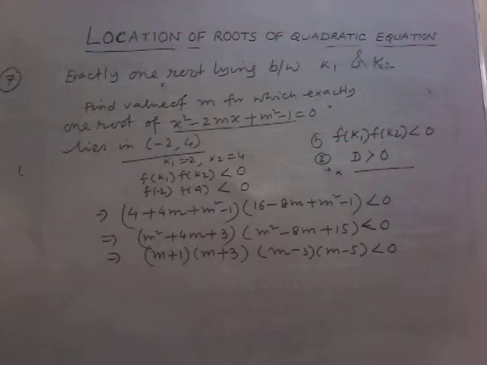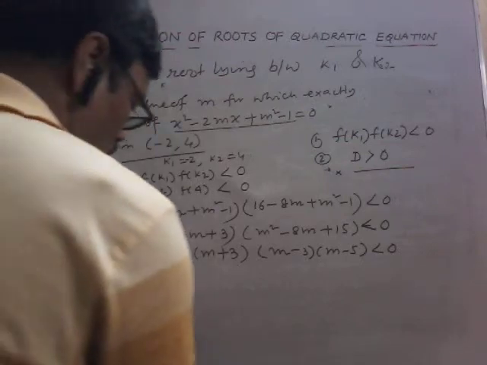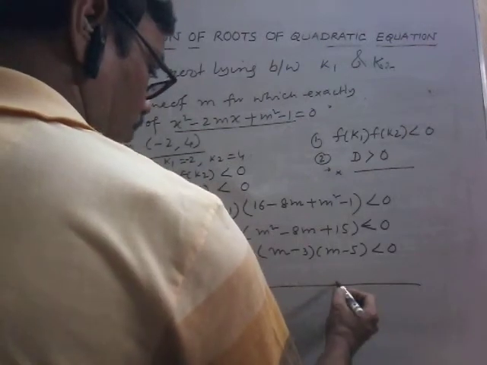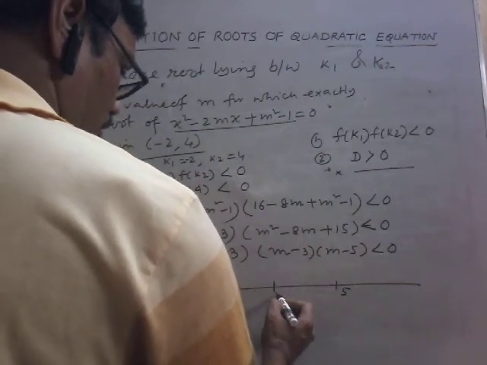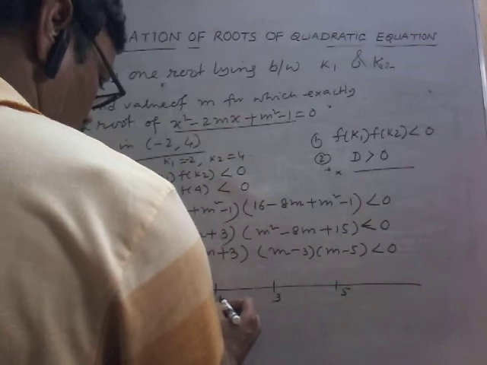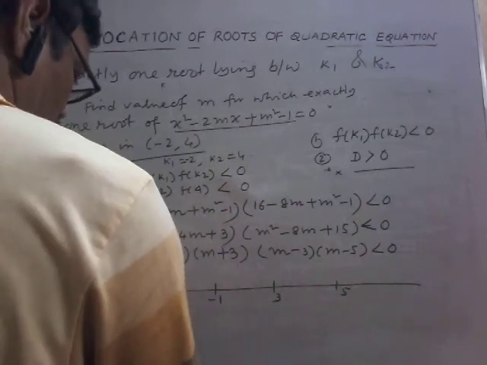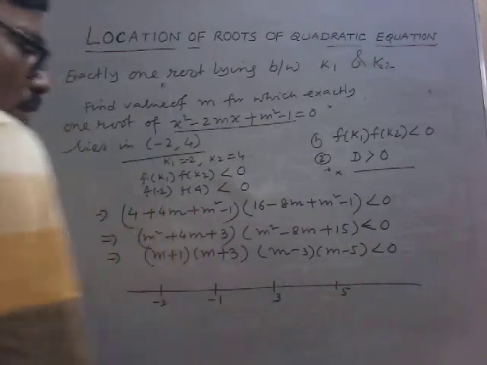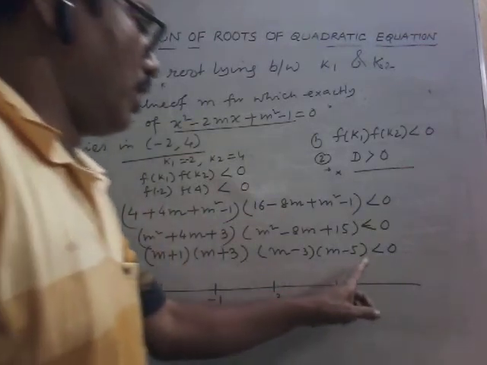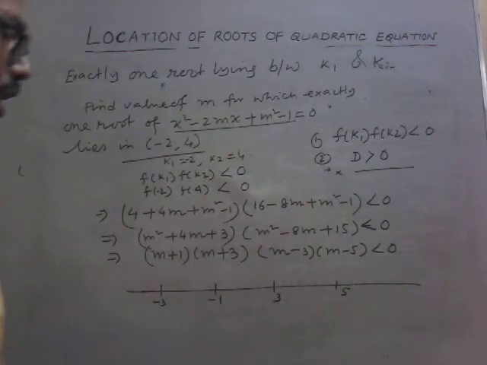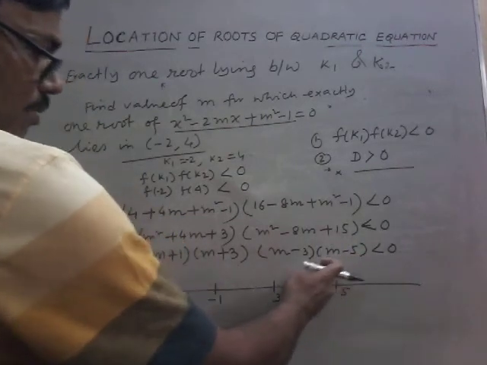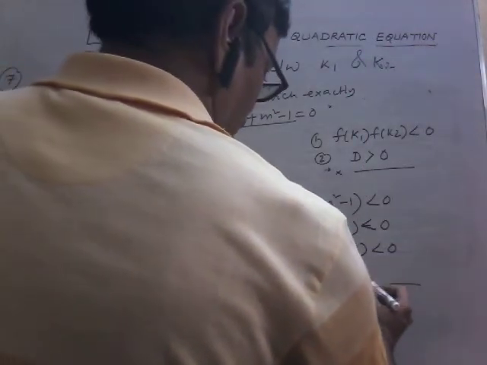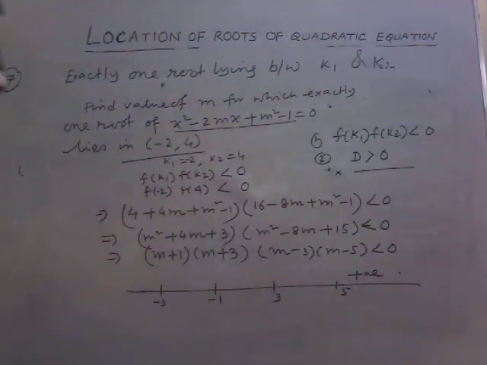So from the wavy curve method, look, this one is 5, this one is 3, this one -1, and this one is -3. So this one is less than 0. If we take m greater than 5, all are positive, so this part is positive.